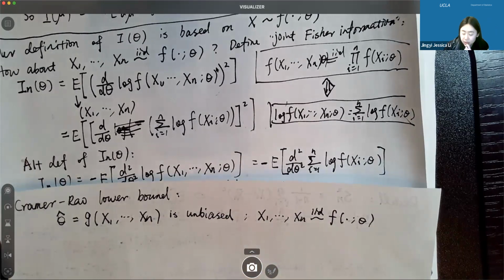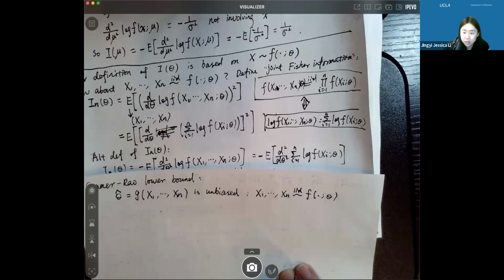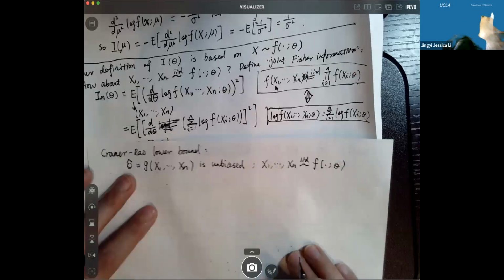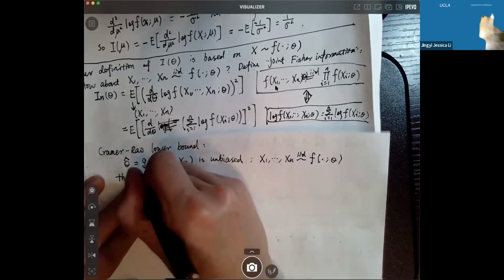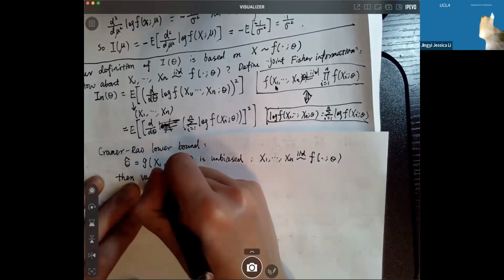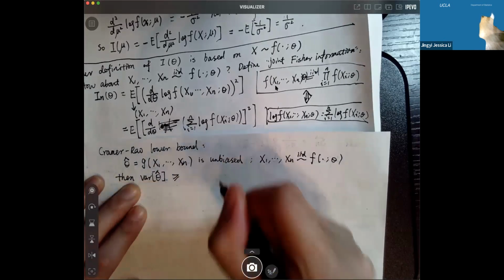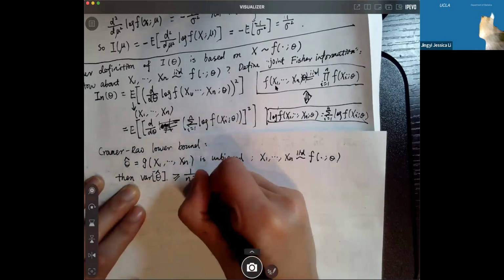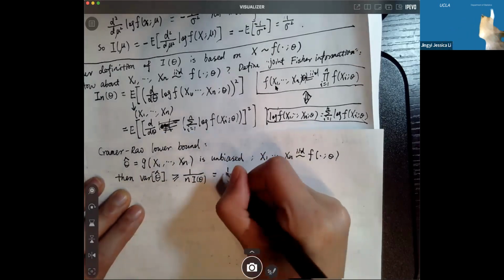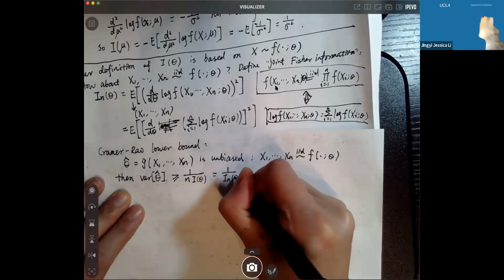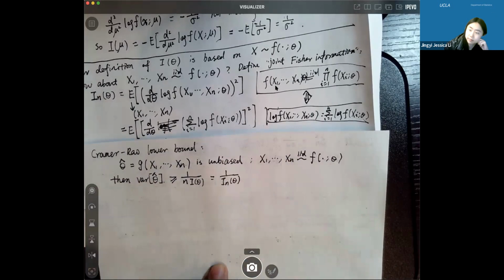That's the setting of the Cramer-Rao lower bound. The result is that the variance of this unbiased estimator is greater than or equal to 1 over n times the Fisher information. Based on my discussion just now, this is actually the joint Fisher information with sample size n. That's the conclusion.